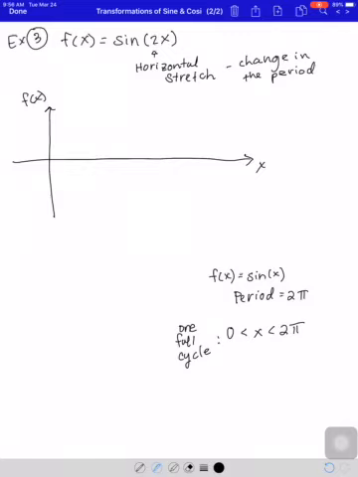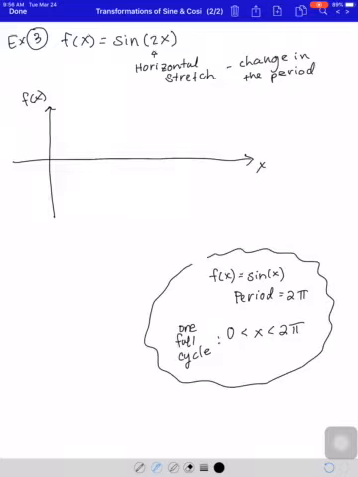Well, now, this is our basic function, but for this one, our function is f of x is equal to sine of 2x, which, what does that mean? For one full cycle, 2x is going to travel between 0 and 2 pi, and that'll give us one full cycle.